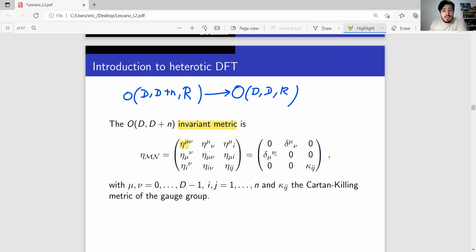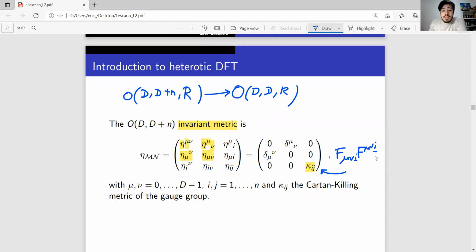Let's observe that we have this block over here, the same as Gianluca's, but we have an extra block because we need a Cartan-Killing metric. With the inverse of this metric, we contract indices in the heterotic gauge part, for example in the Yang-Mills term. These contractions are performed with a Cartan-Killing metric. We need this metric because we know it is present in the heterotic supergravity. So this is our invariant metric.